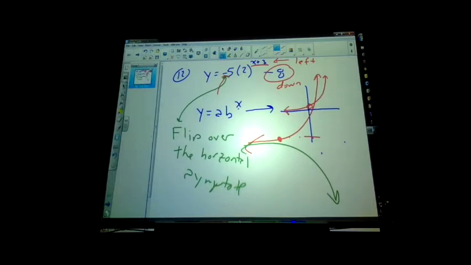It's not horrible. So does the base of 2 really do much to this problem? No. It's just 2 to an exponent is all we're dealing with. If it was 3 to an exponent, your graph's going to look the same. 4 to an exponent, same. 5, 6, 7, 8, whatever to an exponent. I mean, it might grow steeper, but for the most part, that's what it's going to look like.